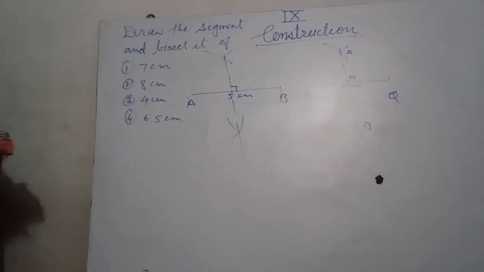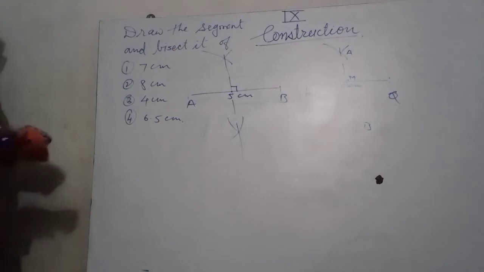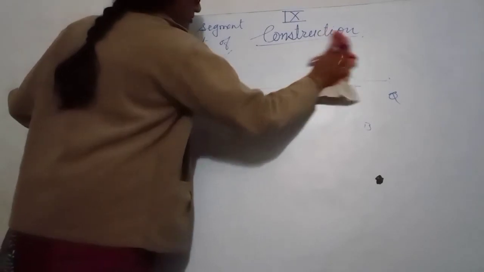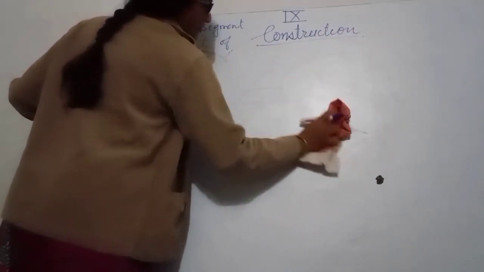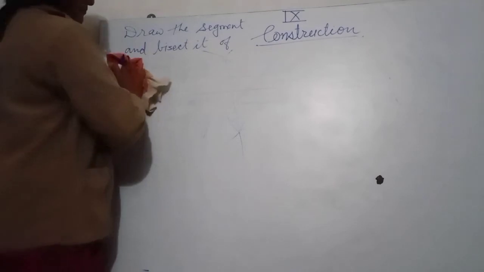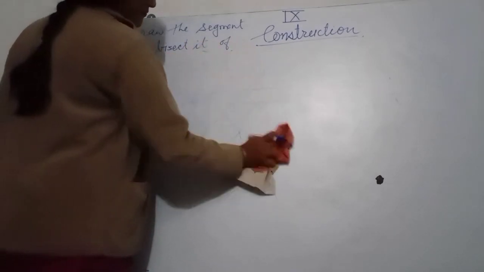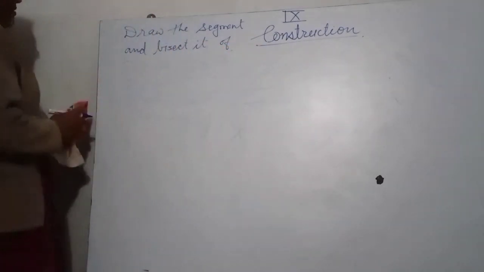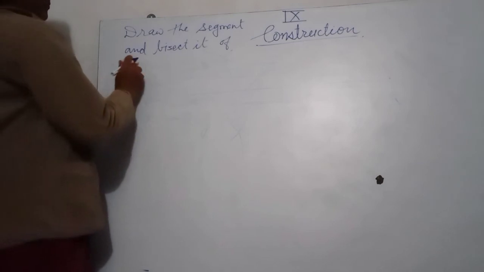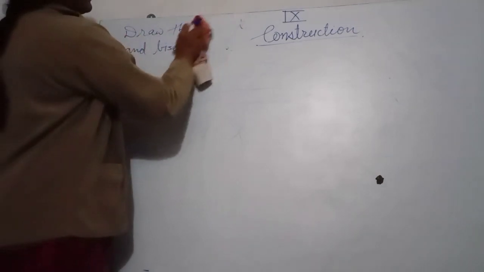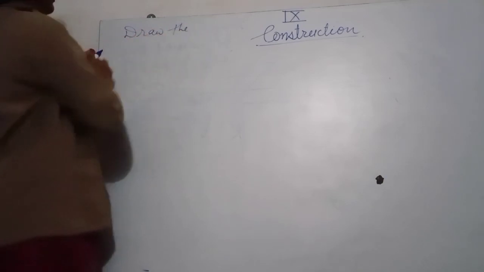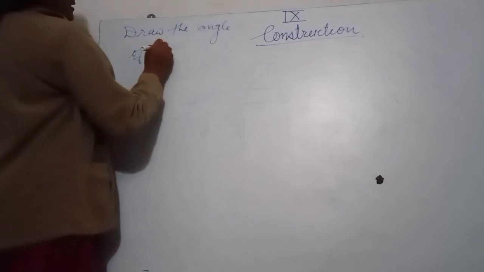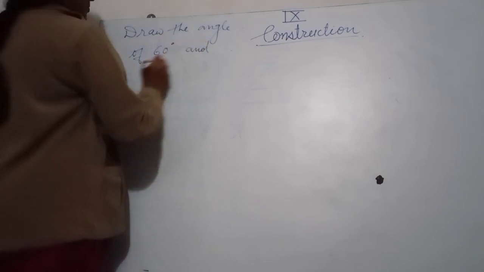How to bisect an angle. Draw an angle of 60 degree and bisect it.